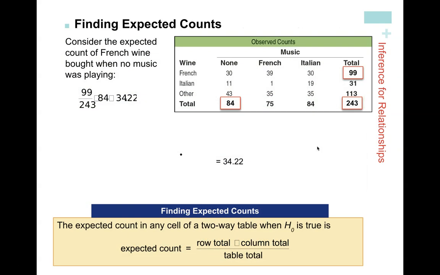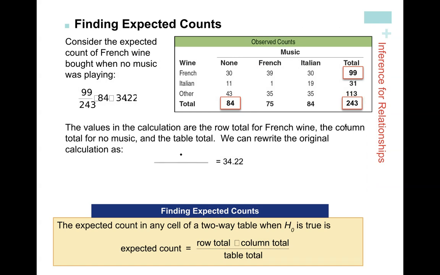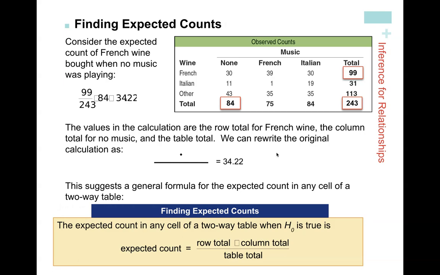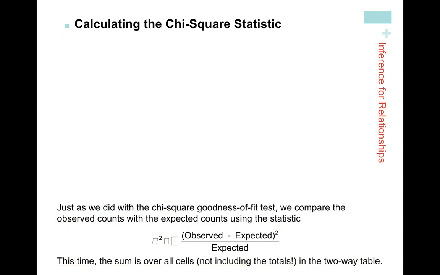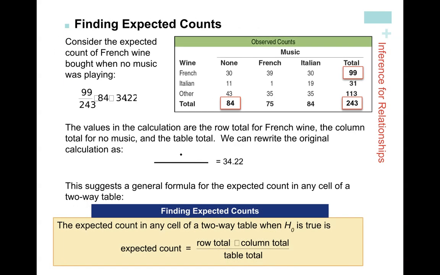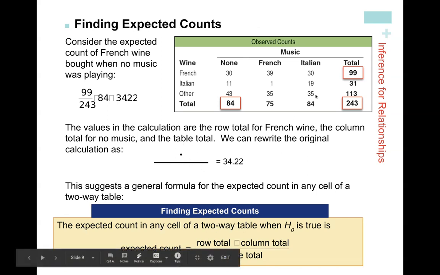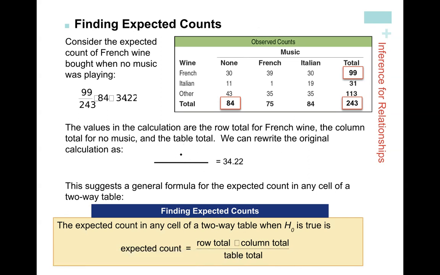All right, so if you generalize this formula, and I apologize, the quality of the slide is not very good, but here it is right here. Your expected counts are row total times column total divided by the table total.